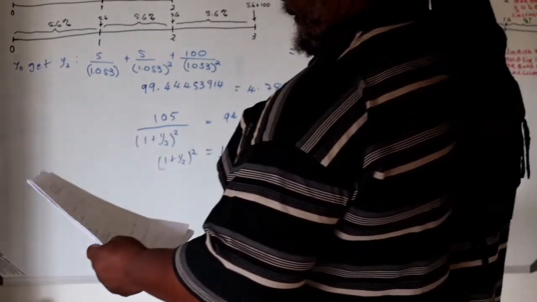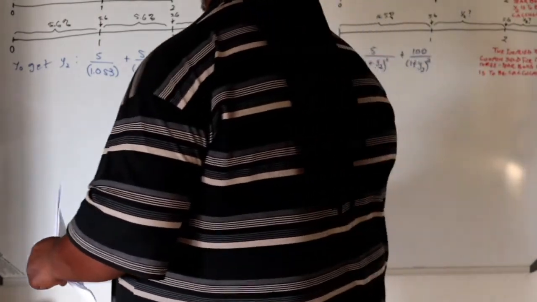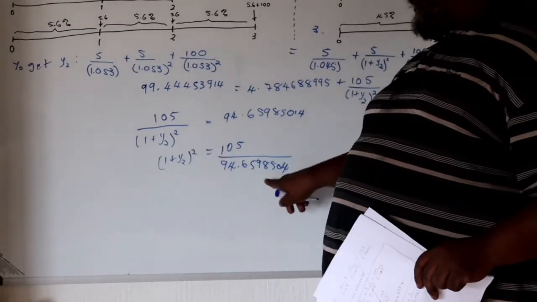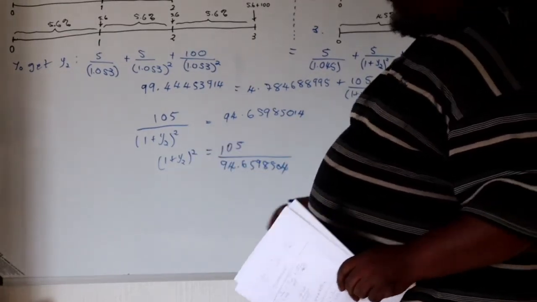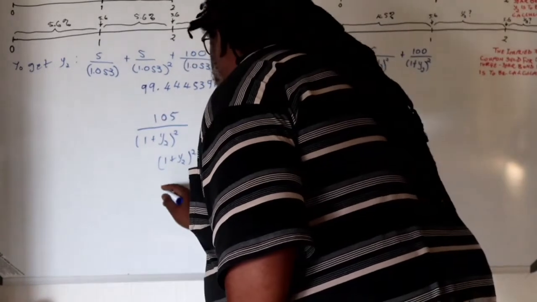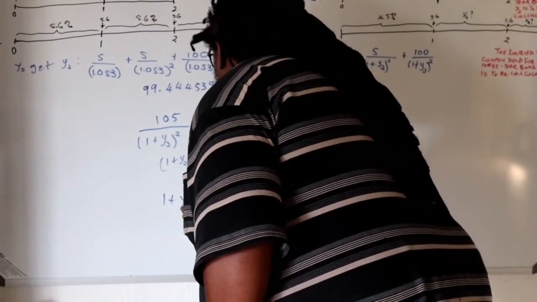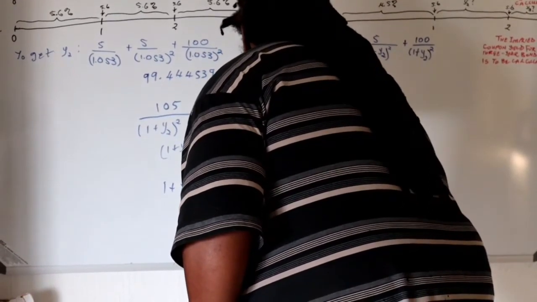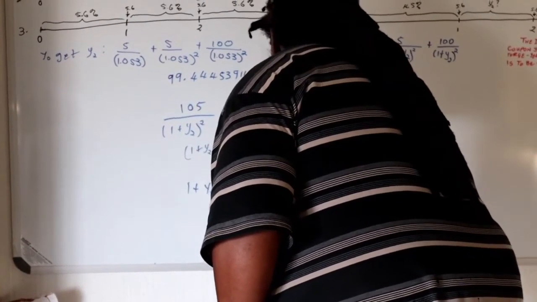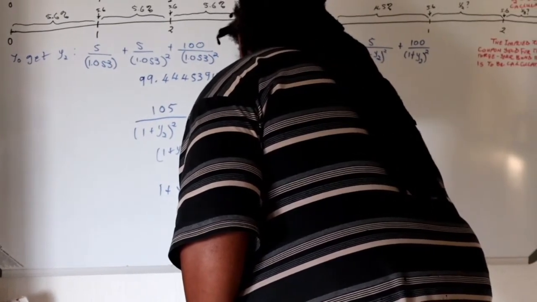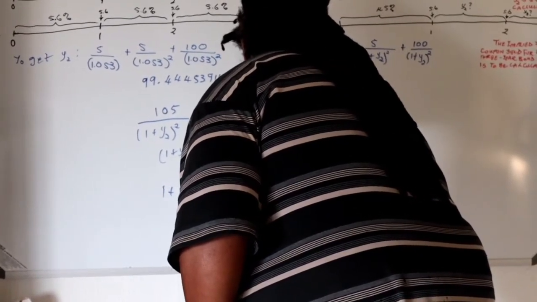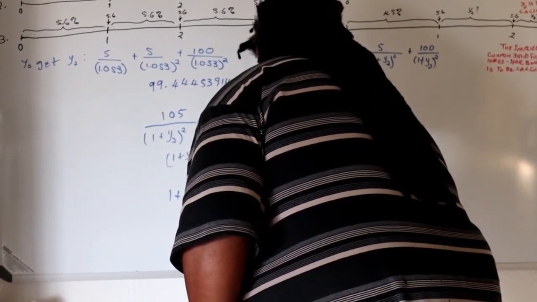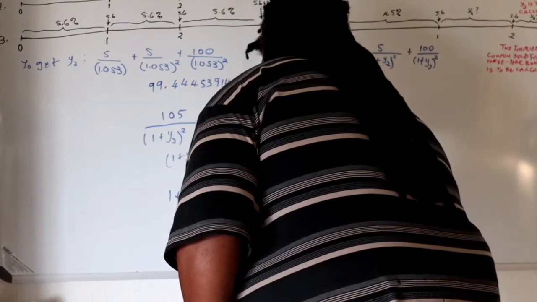And then you can remove the square by taking the square root on both sides. So this becomes 1 plus y2 is equal to 105 over 94.6598504, to the power half.